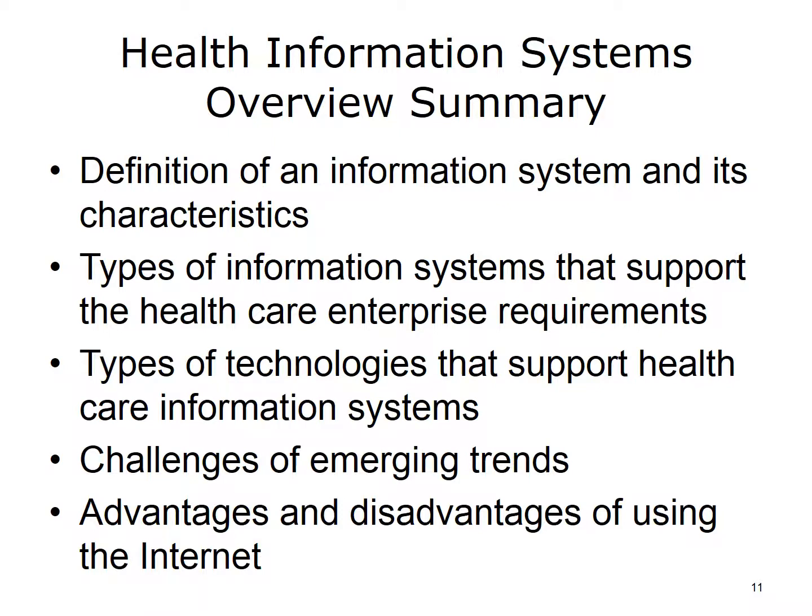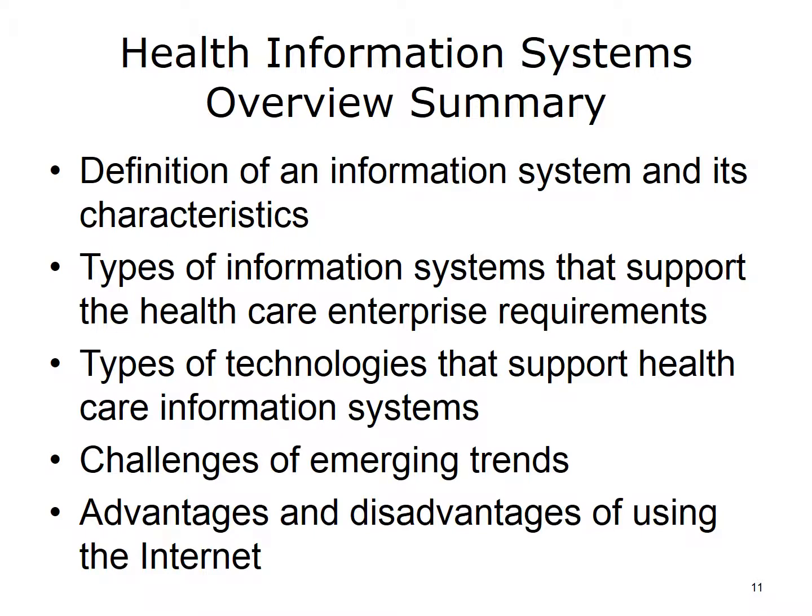This concludes Health Information Systems Overview. This unit defined an information system and its characteristics, identified the types of information systems that support the healthcare enterprise requirements, and described the various types of technologies that support healthcare information systems. The unit also described some challenges with the use of emerging information technology trends.